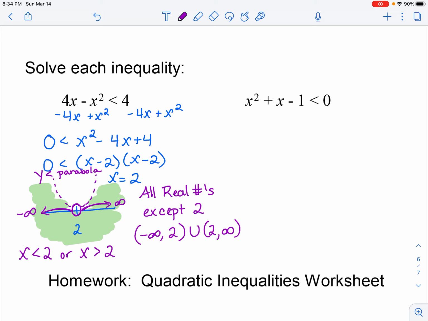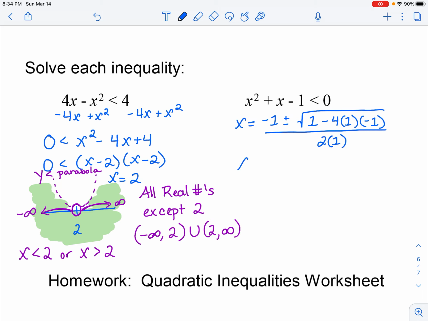This next one, it's going to be a little bit more challenging. And that's because it doesn't factor. All right? This does not factor. So I have to use the quadratic formula. So I'm going to go x equals negative b plus or minus the square root of b squared minus 4 times a times c all over 2a.